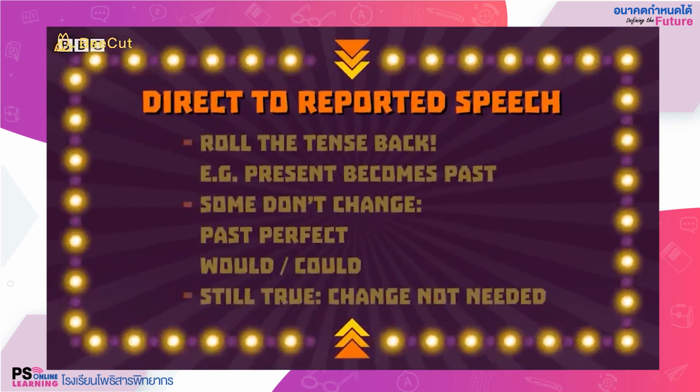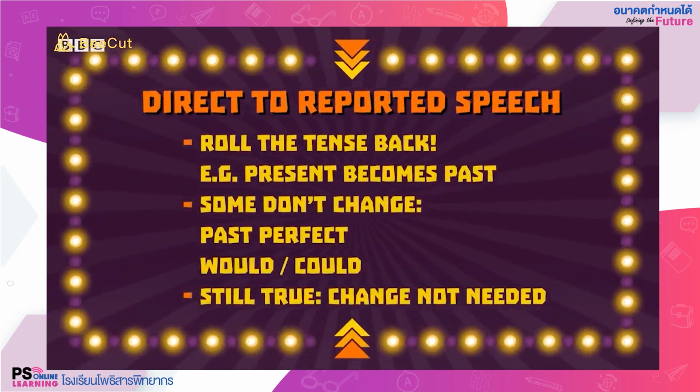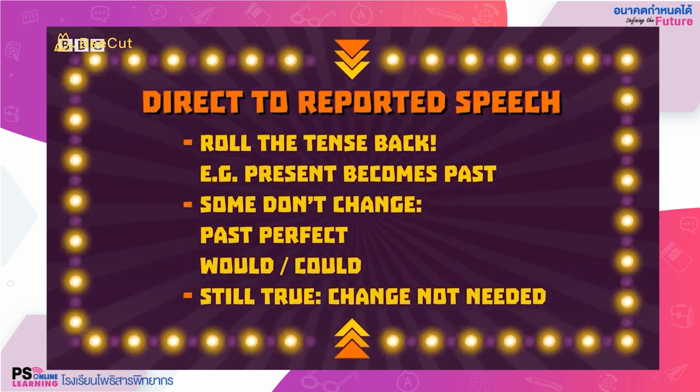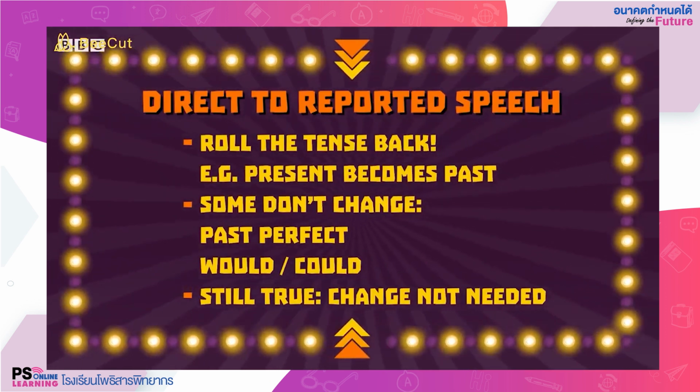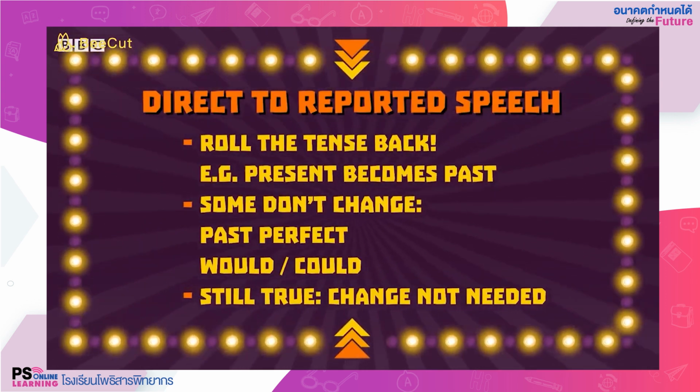Leslie! That's absolutely right. When changing speech from direct to reported, remember that the tense of the direct speech should be rolled back one step towards the past. For example, present becomes past and past becomes past perfect. However, there are one or two exceptions.